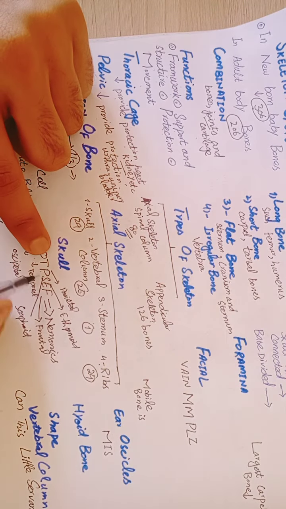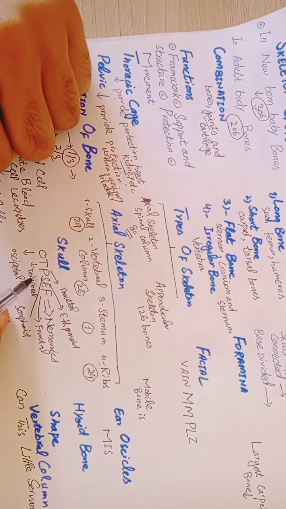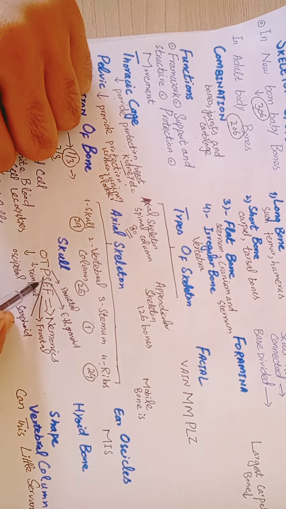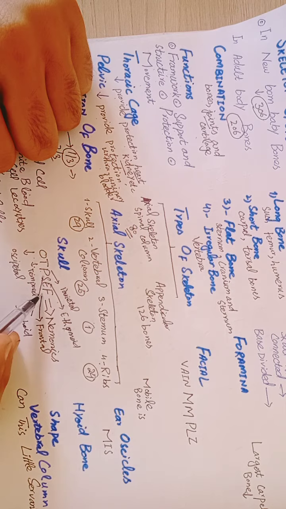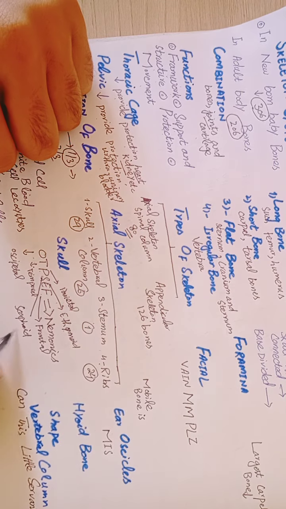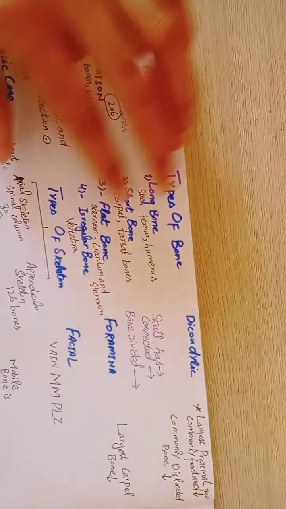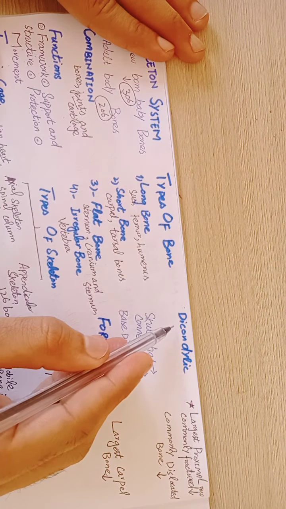Occipital 1 bone, temporal 2 bones, parietal 2 bones, sphenoid 1 bone, ethmoid 1 bone, and frontal also consists of 1 bone.